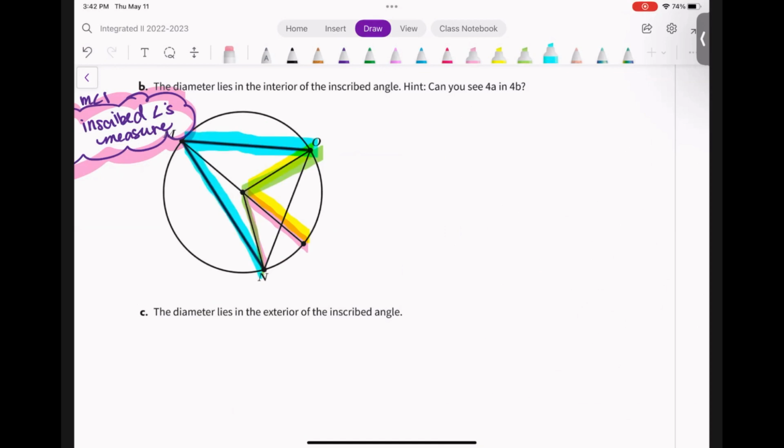So let's erase that green one. If we erase the green one and we look at the pink and the yellow, we could basically cut that up into 2 parts, the pink and the yellow part. And this is exactly what we just did, except now it's not 1, it's 2 of them. So here you can see that this would be x degrees, and this arc right here would be x degrees. And maybe this would be y degrees, and this would be y degrees.